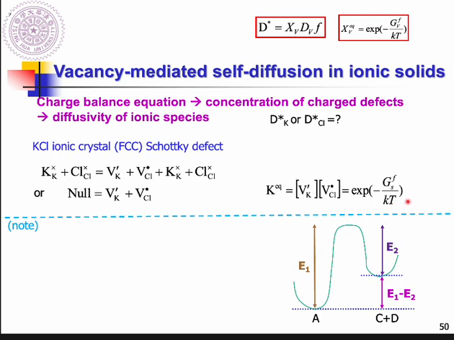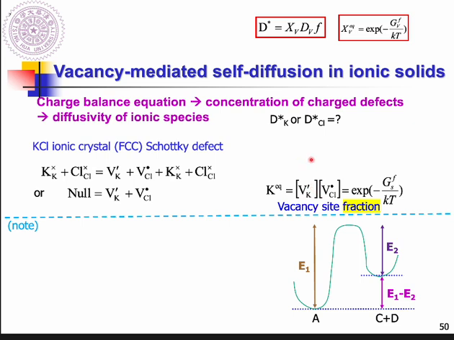So how do we get from here to here? In order to persuade you, I wrote down some notes here. But just a quick reminder: this V_K and V_Cl actually are fractions. It's the same as V. This is a fraction, the vacancy site fraction.